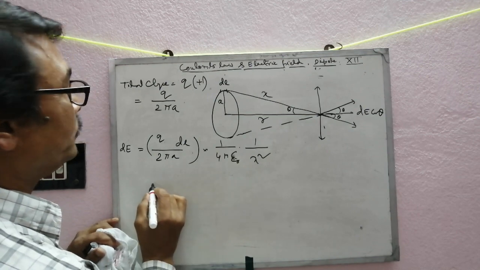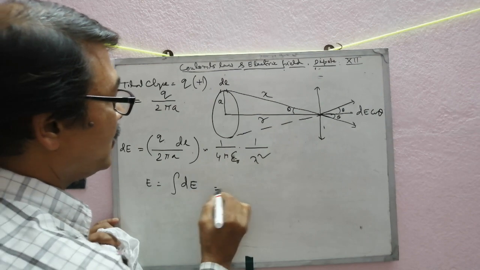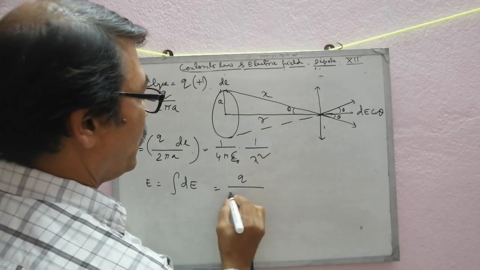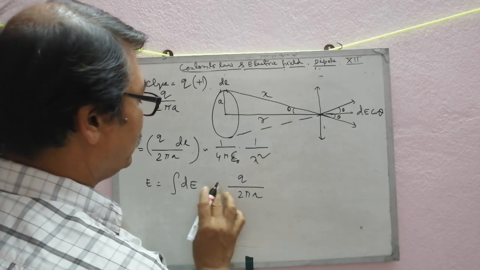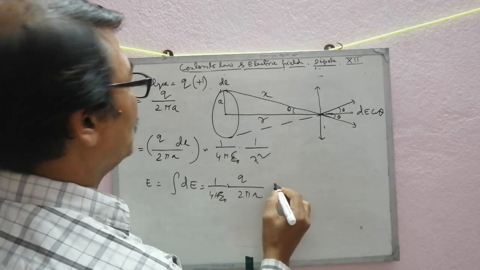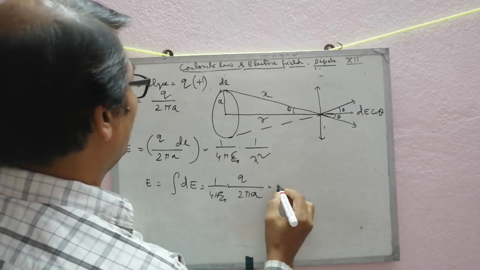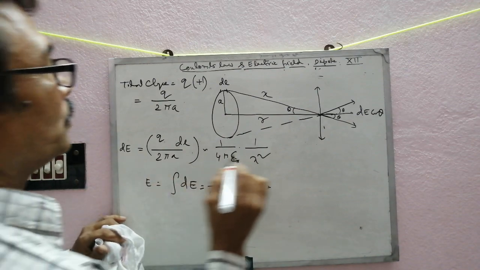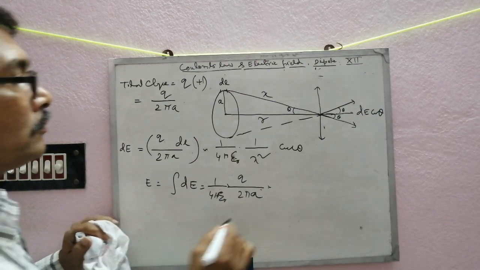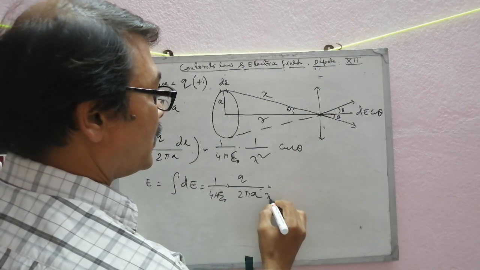So resultant field E equals integration of dE cos theta, equals Q by 2 pi A, 1 by 4 pi epsilon naught, cos theta by x square.